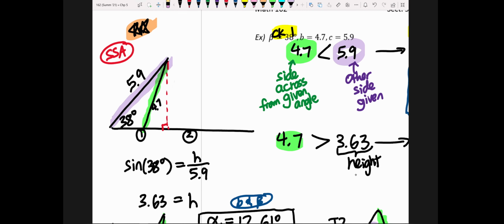And in triangle 1, we can see across from 5.9, gamma 1 is an obtuse angle. Okay, so that's triangle 1. And then here, this is triangle 2. In triangle 2, gamma 2 is going to be an acute angle. Okay, so those are the two triangles formed with the info given, the side-side-angle.